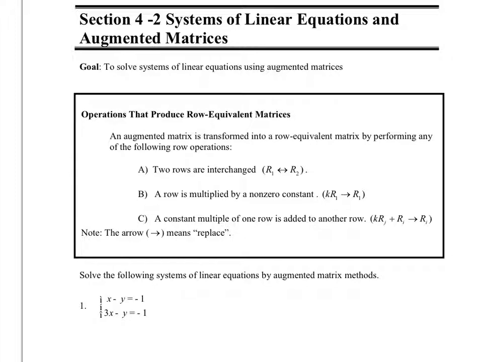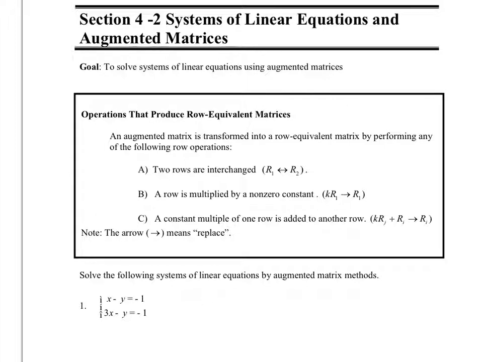For example, once I have my matrix set up, if I want to switch two of the rows, I can do that. It's just like instead of putting one equation on top and the other one on bottom, I can switch those and put the second one on top and the first one on bottom, and that's not going to create a problem.